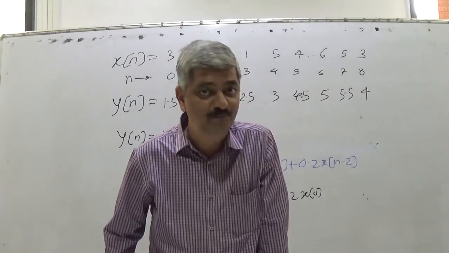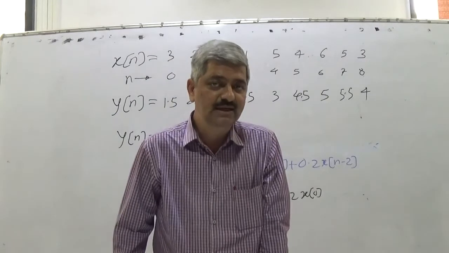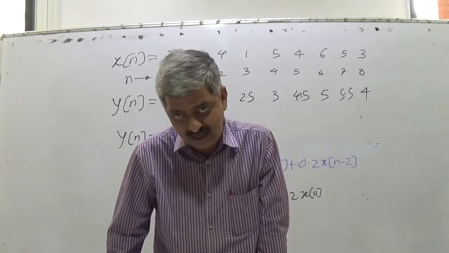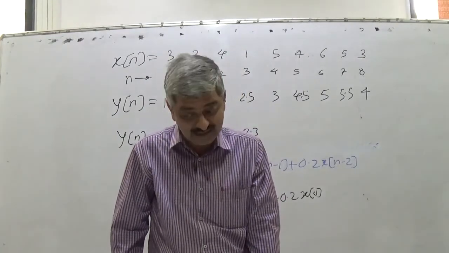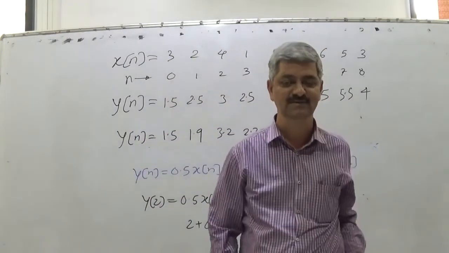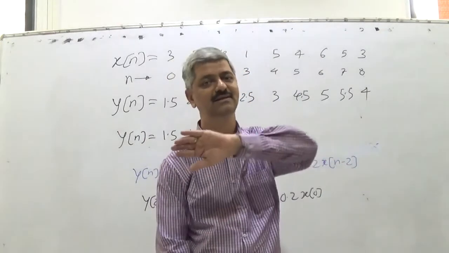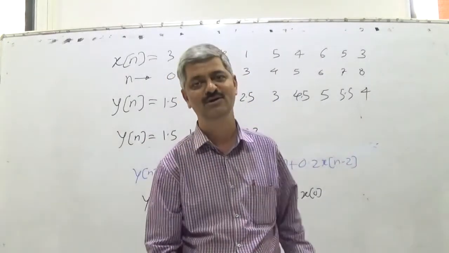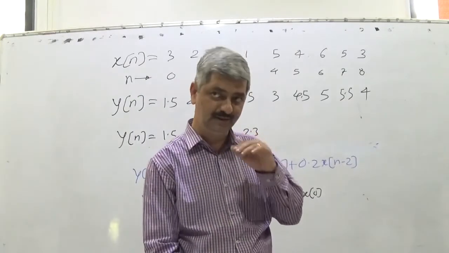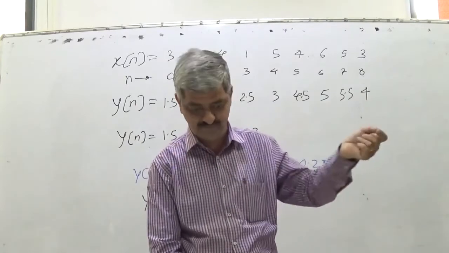Here we have taken a finite sum, meaning only the current and a few previous inputs are responsible. Whereas if it is the current and all previous inputs, how will you write that formula? You can't write the formula because that will be an infinite formula. Infinite samples are required in the system.